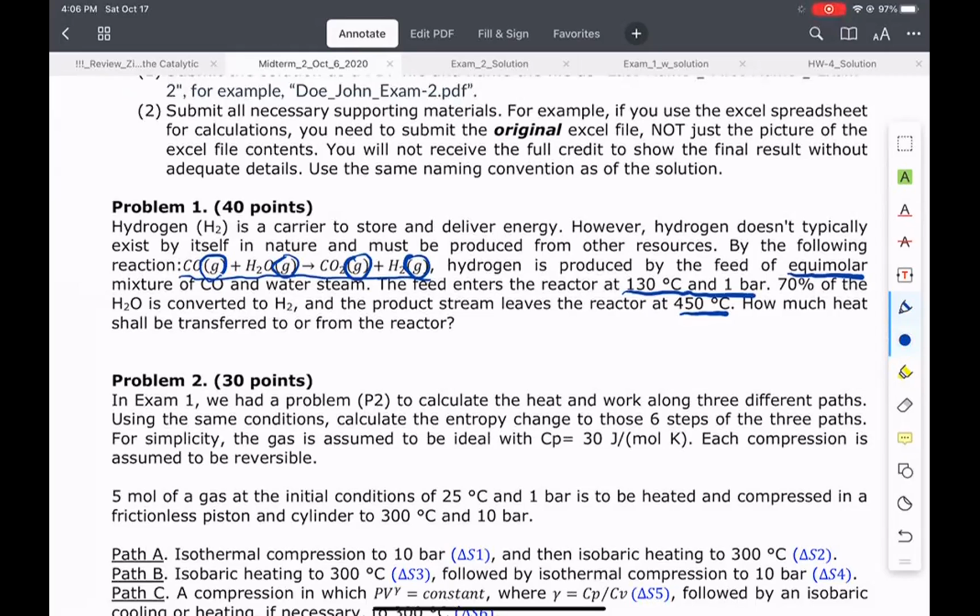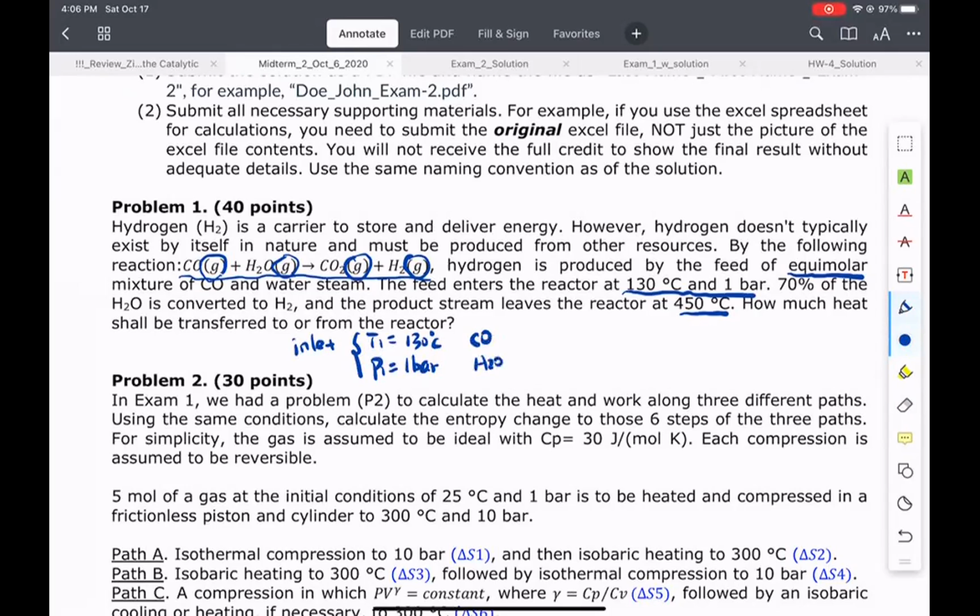So we need to look at the reaction. If I have a simple analysis, I have this inlet at T1 is 130, P1 is 1 bar, and I have the equimolar mixture of CO and water.